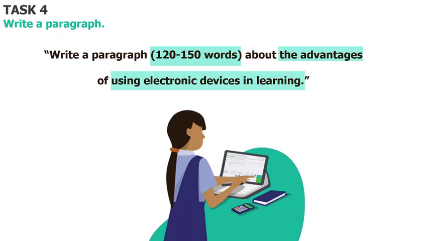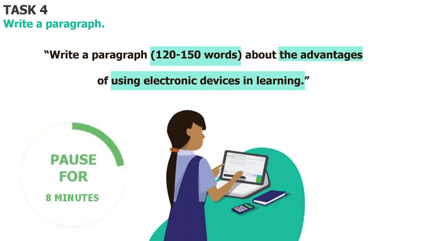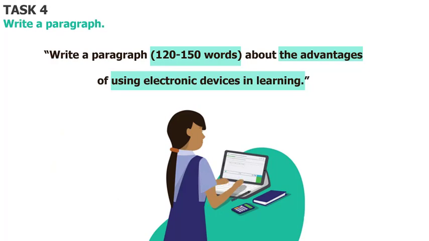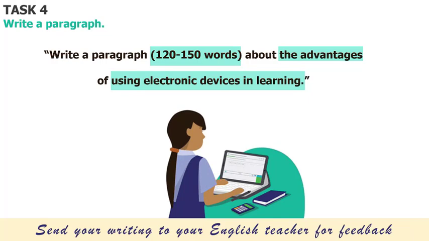Don't forget to make an outline before writing and add linking words or phrases. It's time for you to write a paragraph about the advantages of using electronic devices in learning. 8 minutes for you to do this task. Time's up. Remember to send your writing to your English teacher for feedback.